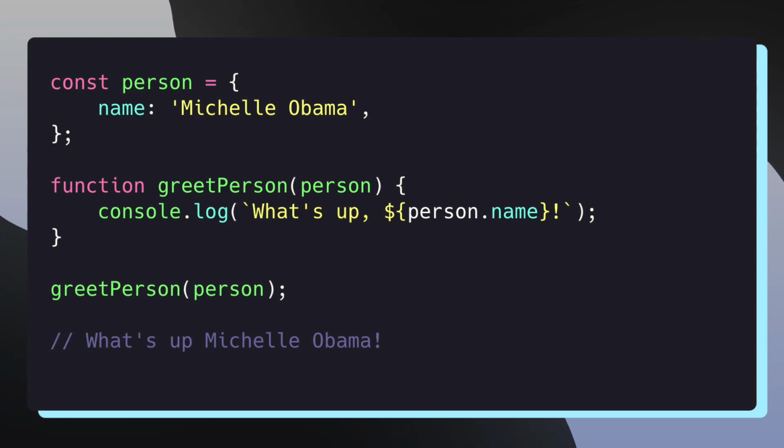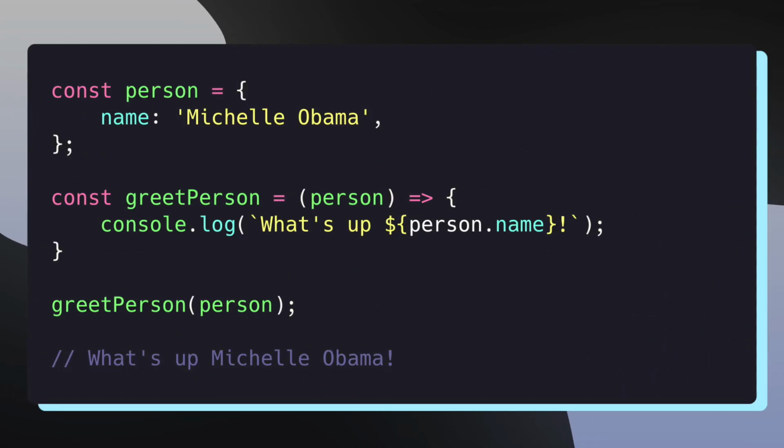So now that we understand how to create regular functions, let's see how we can convert this function into using arrow functions. So in this code block example, instead of creating a function named greetPerson, what I'm actually doing is creating a new variable called greetPerson, which is getting assigned the value of our new arrow function. So instead of using the function keyword to define our function, our arrow function starts off with parentheses listing all arguments that are expected.